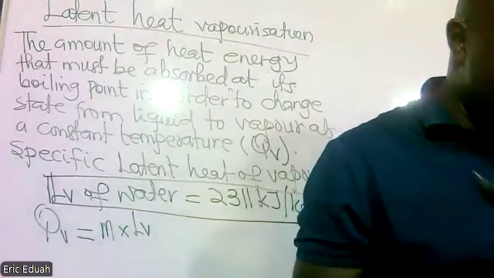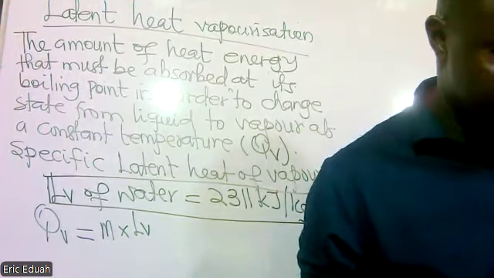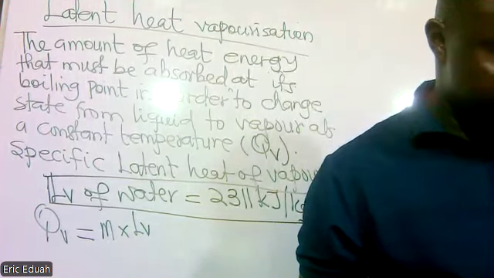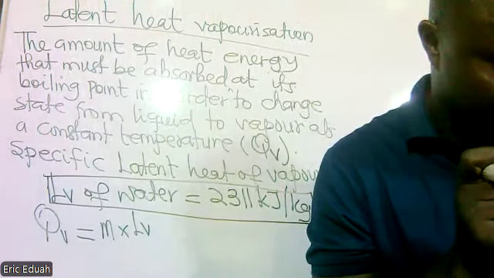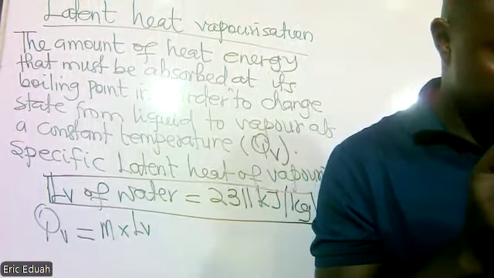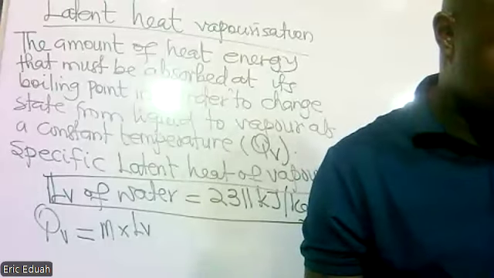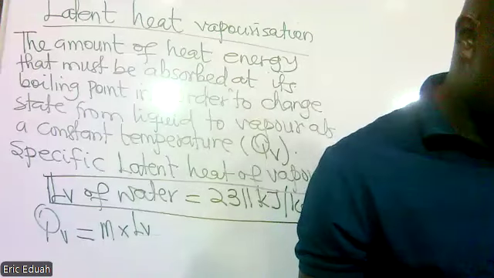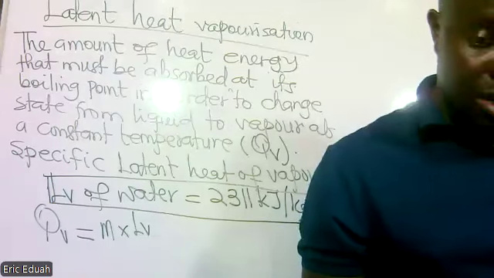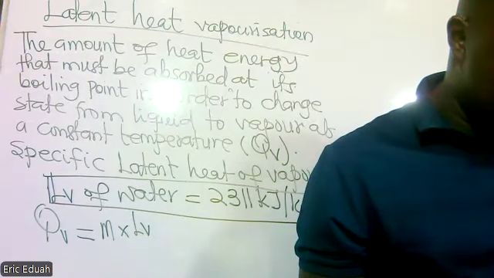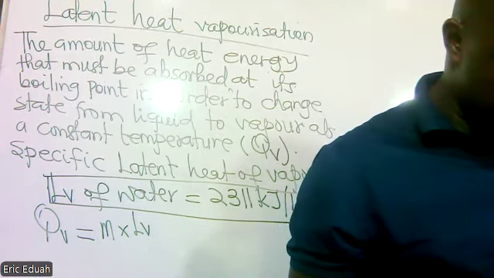Okay, I'm going over the question. How much heat energy is required to convert 5 kilograms of ice at 0 degrees Celsius into 5 kilograms of steam at 100 degrees Celsius? Take the specific latent heat of fusion of ice to be 335 kilojoules per kilogram.